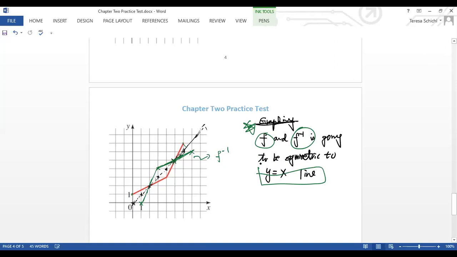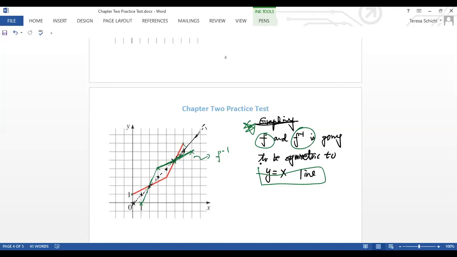So when you graph it, you put a dotted line there for y equal to x, and then you let your graph flip over that line. Remember that symmetric means like a mirror, so when you flip over, the images should match. That is the F inverse.